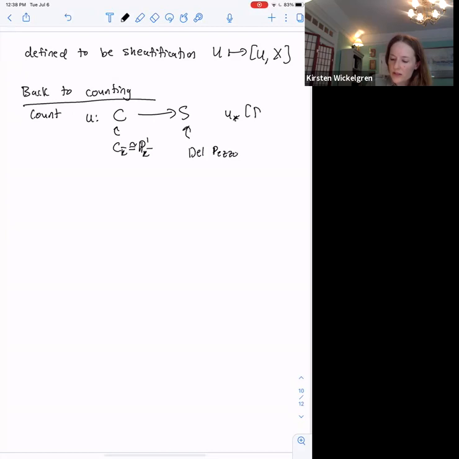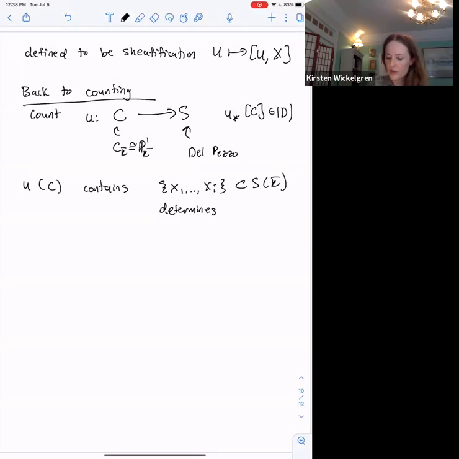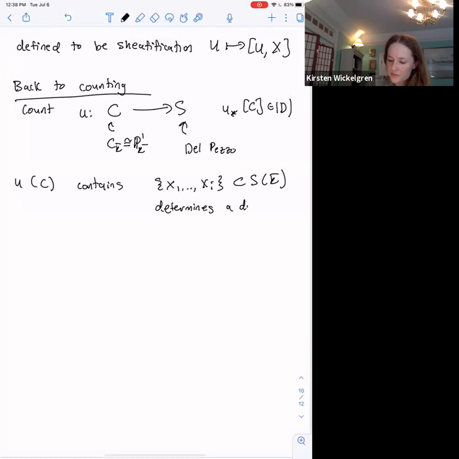And we want it in curve class given by D. And it's going to contain a set of points in K bar that determines a divisor over K. So they're Galois stable. And there needs to be the correct number of them. So over the algebraic closure, there's n of them.